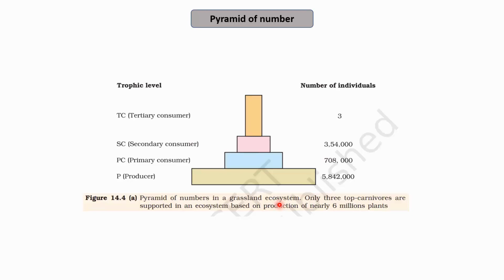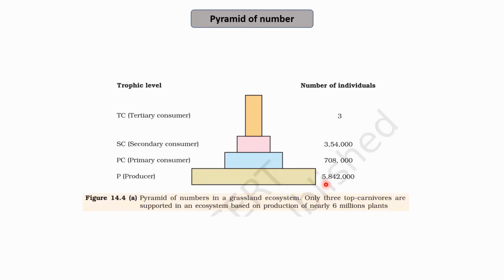The different bars in this pyramid represent the different trophic levels. From this pyramid of number of a grassland ecosystem, we can easily understand that the producers, present at the bottom of the pyramid, are the maximum in number, and then at each trophic level the number of organisms decreases.